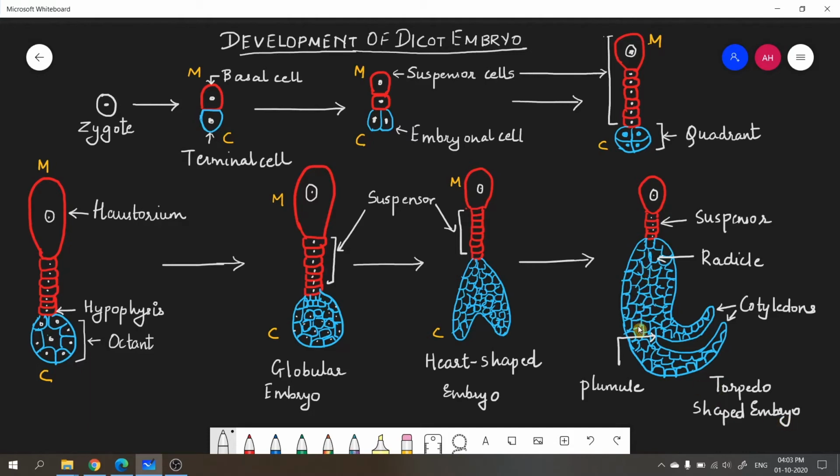Here you can see how the embryo looks like a torpedo shape, or you can also call it a horseshoe shape. Right, and here in the torpedo shape, that is the mature embryo, I have labeled radicle, which is formed from the hypophysis. There is plumule here, and these are the two cotyledons. Now since we are talking about a dicot embryo, here I have shown two cotyledons. Right, so that was all about development of a dicot embryo.